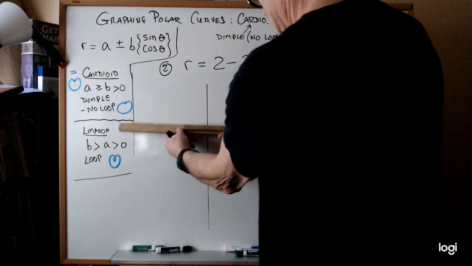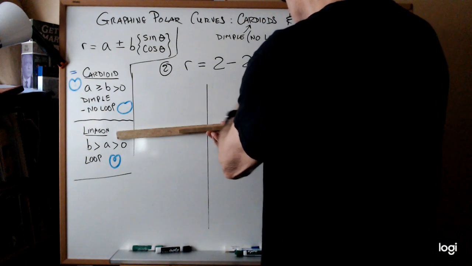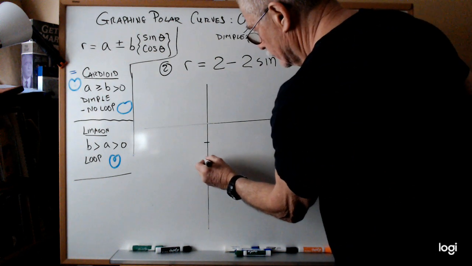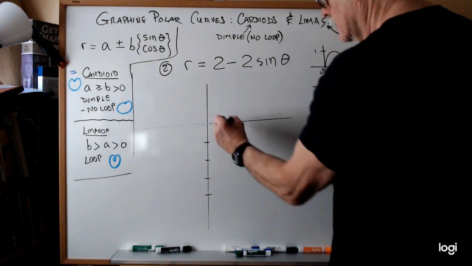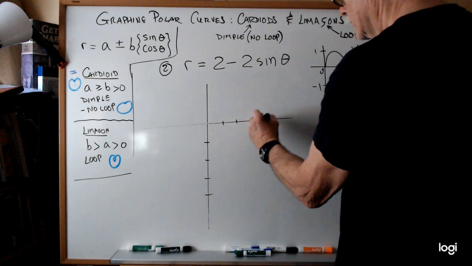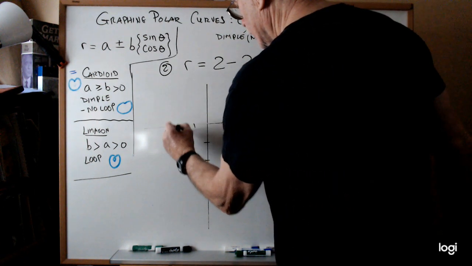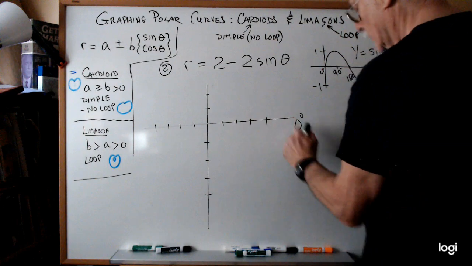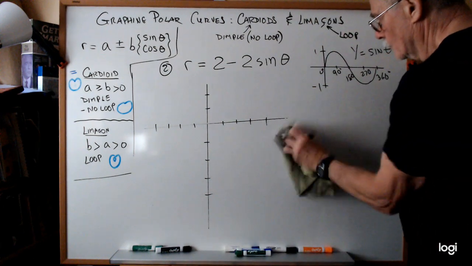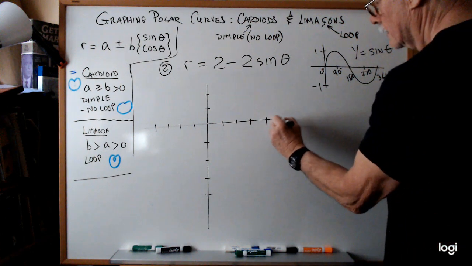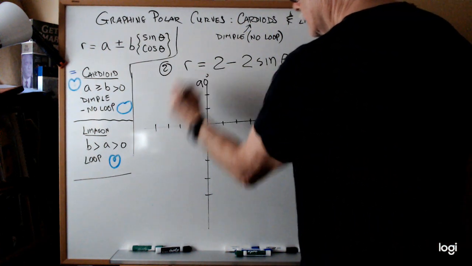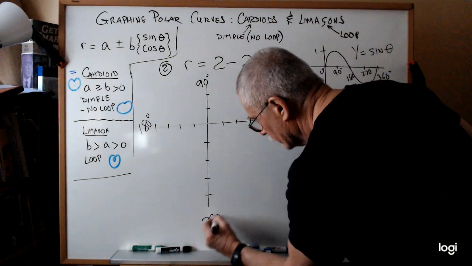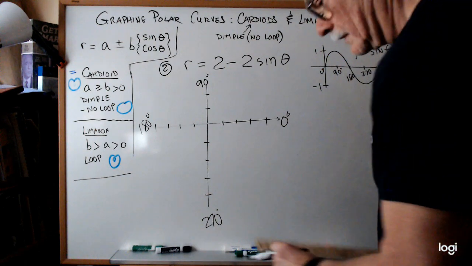All right, so 1, 2, 3, 4. 1, 2, 3, 4. 1, 2, 3, 4. 1, 2, and of course you have 0 degrees. Let me shorten that up a little bit, make some more room here. You have 0 degrees, 90, 180, and 270.